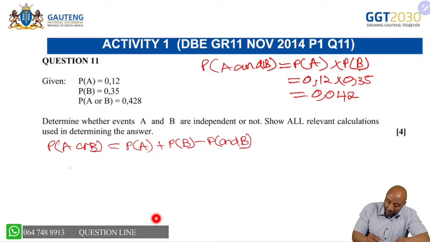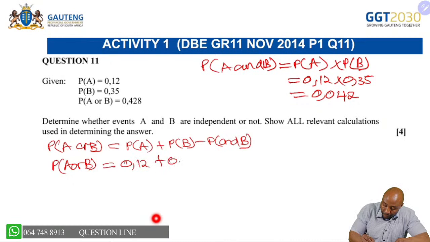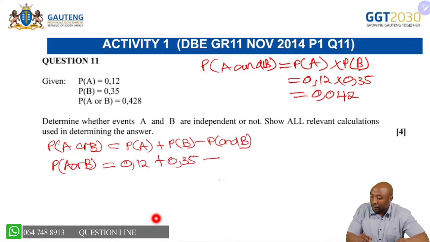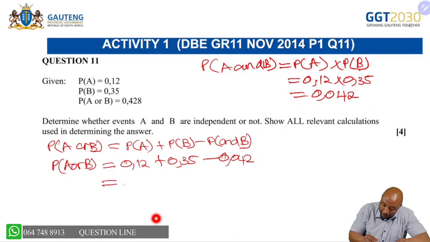On the left hand side, we are given that the probability of A or B is equal to 0.12 plus 0.35 minus, we have calculated that one, we got 0.042. We want to check.